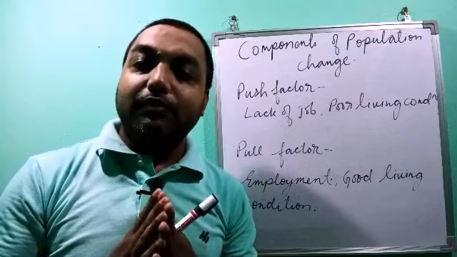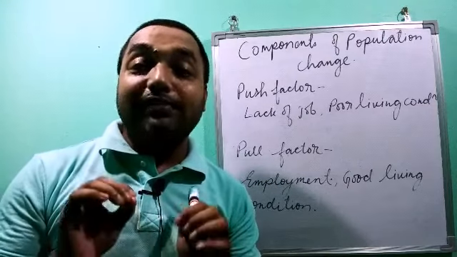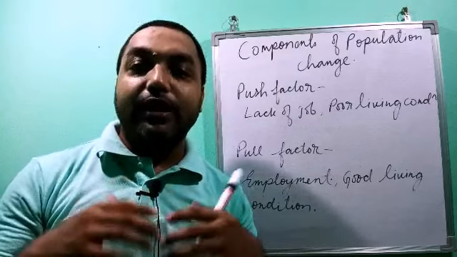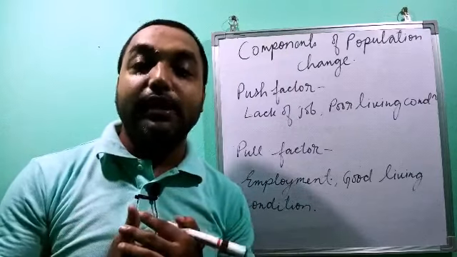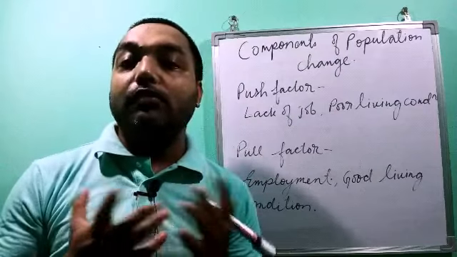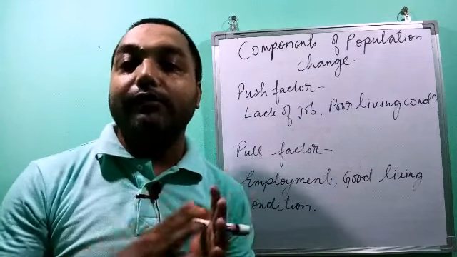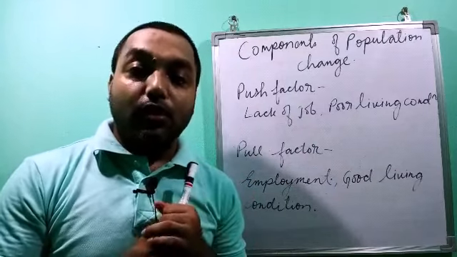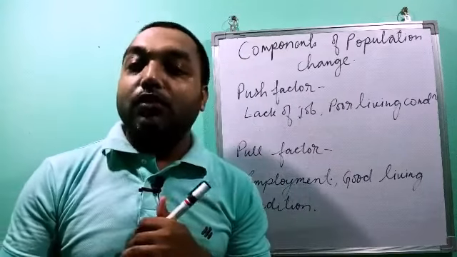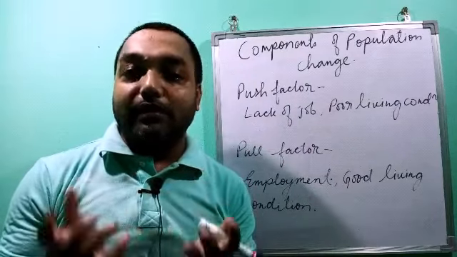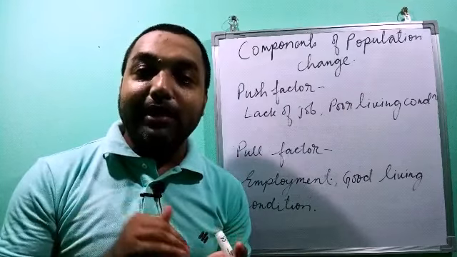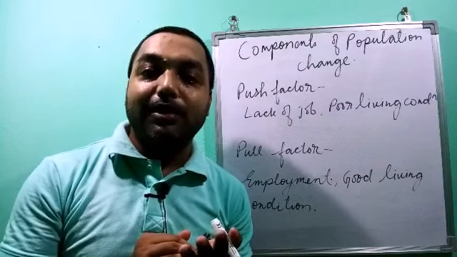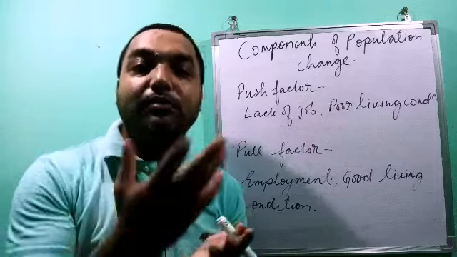No person in the world wants to leave his birthplace where he was born, where his childhood has passed. No one will want to leave that particular place and go away to settle somewhere else. But push factors are those conditions which are not available in a particular place, which compel a person to leave his birthplace and go somewhere else.